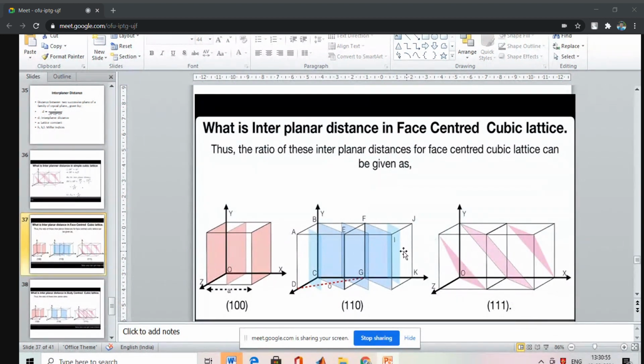Okay. So due to these different distances, different arrangement of the atoms, this interplanar spacing is different. Okay. And if the position of the atom changes, then again the crystal plane will change, and so from that family the interplanar spacing will also change.